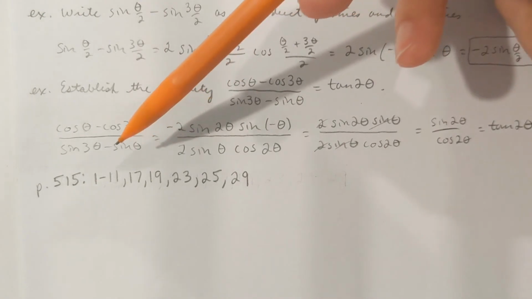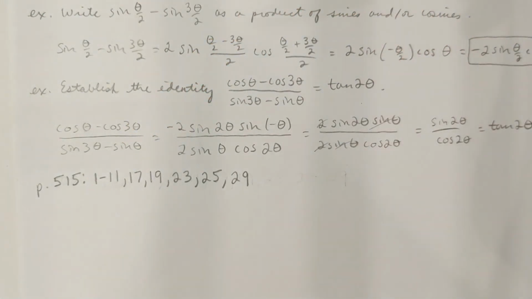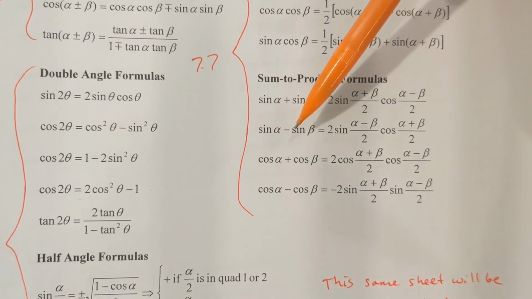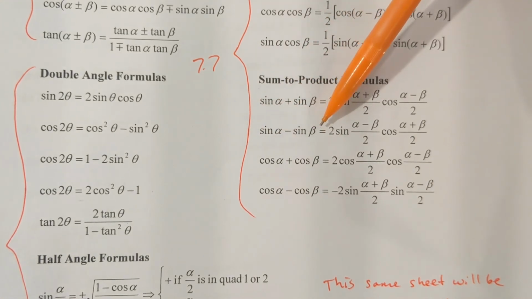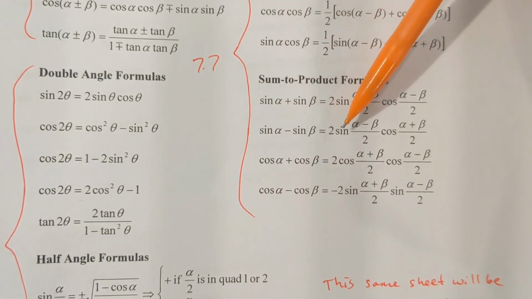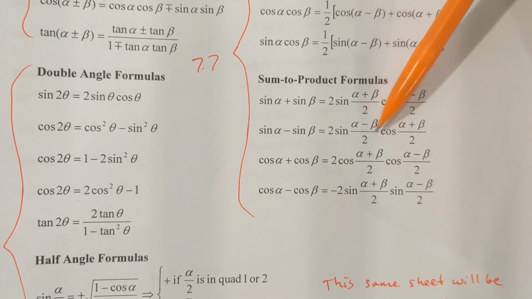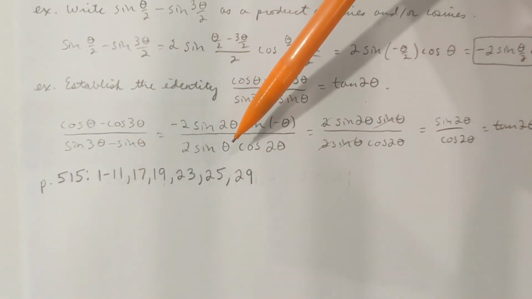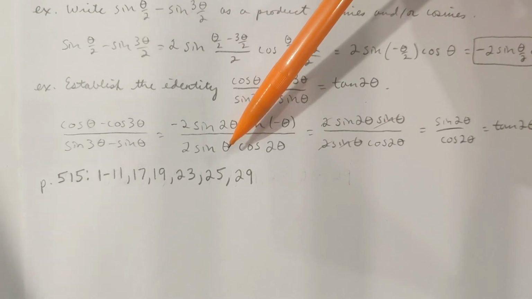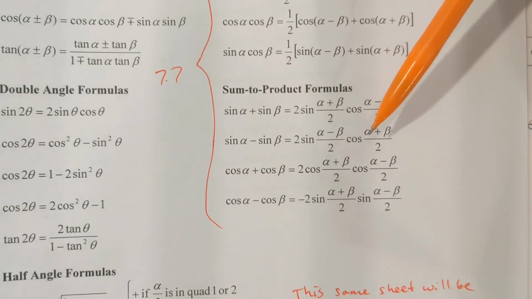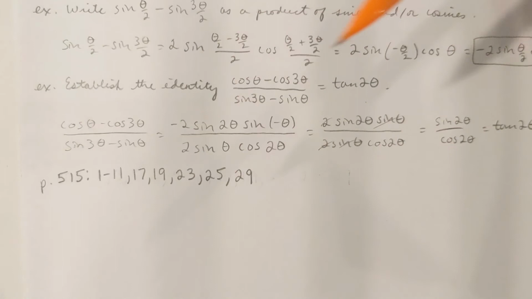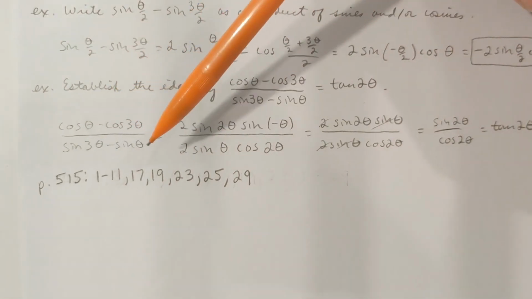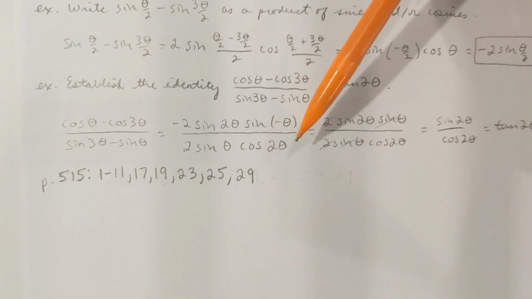Then in the denominator, I will also want to use my sum to product formula, the second one. We'll want 2 times sine of, subtract the angles and divide by 2. 3 theta minus theta is 2 theta, divided by 2 would be theta, times cosine of, add the angles and divide by 2. 3 theta plus theta is 4 theta, divided by 2 would be 2 theta.